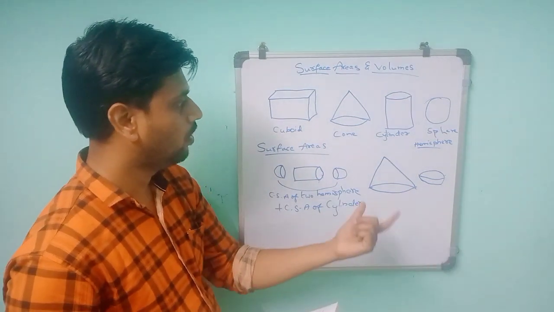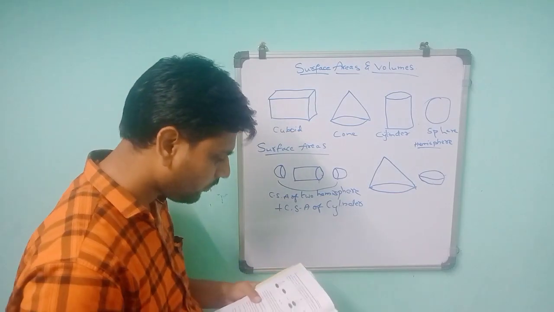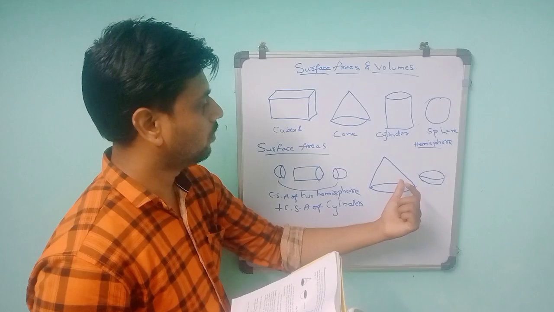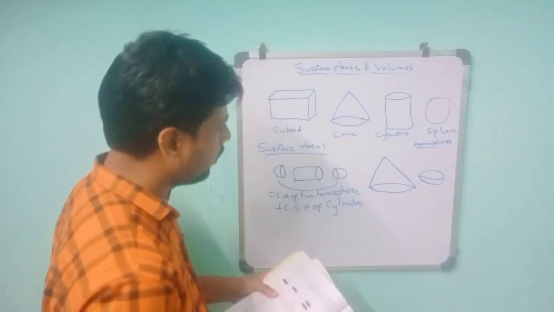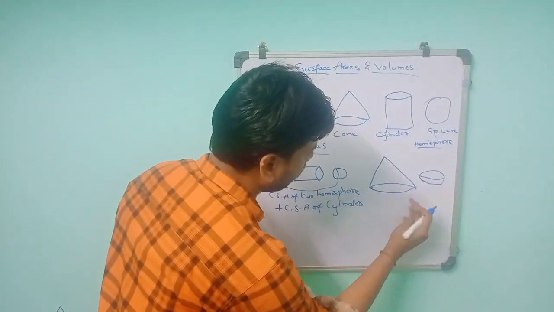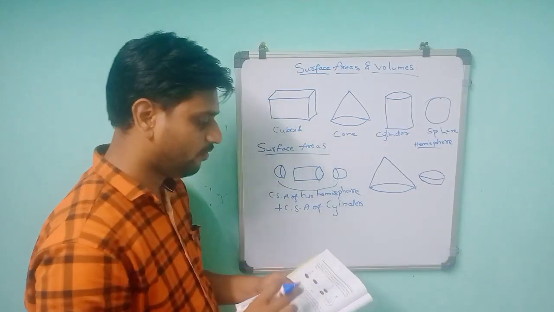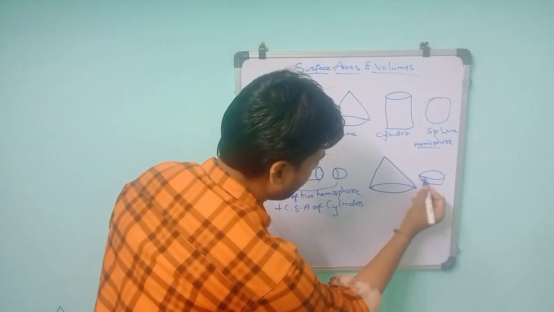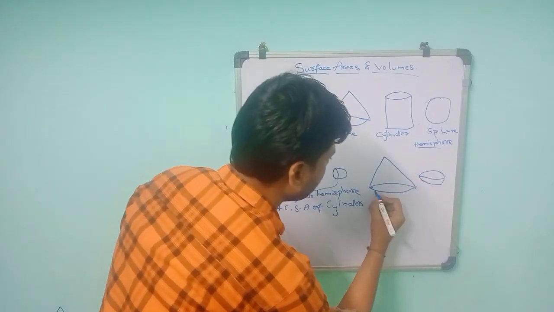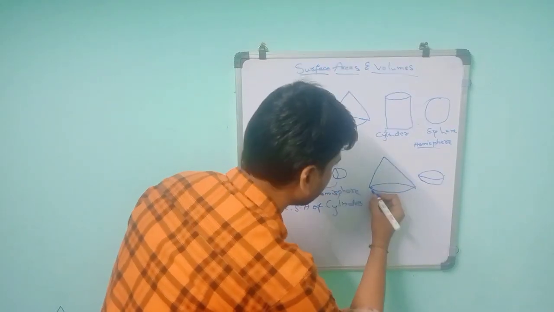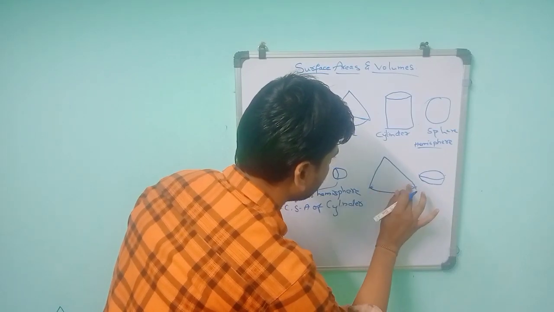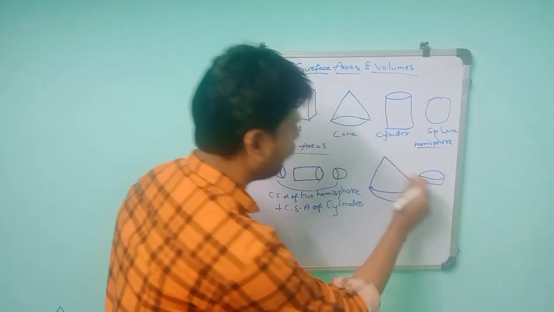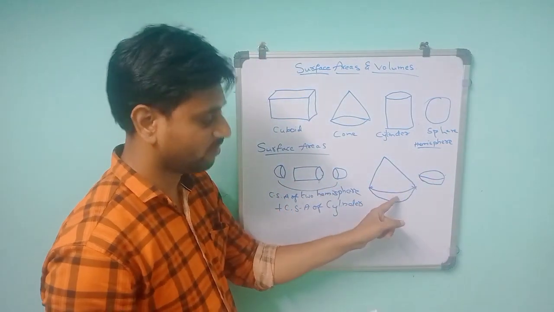So it is made up of a combination of two solids. When you combine these, you get the last figure, which is the toy. The upper side is a cone and the lower side is a hemisphere.